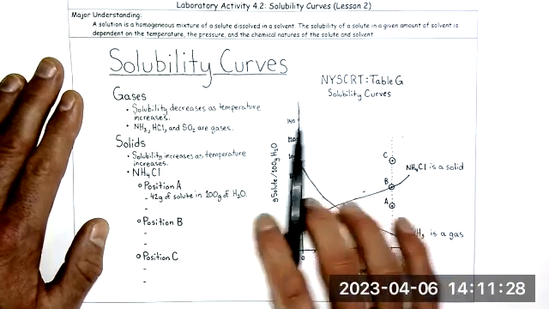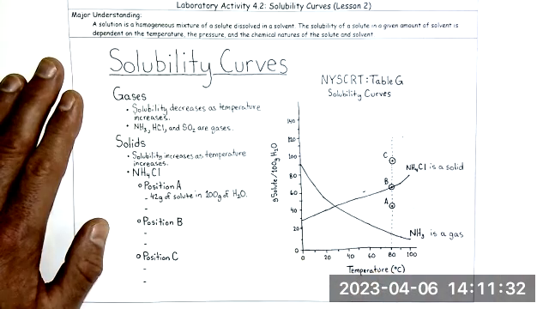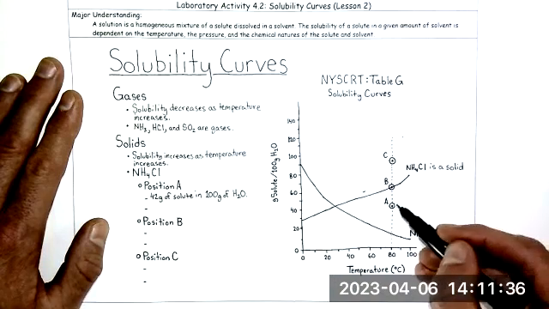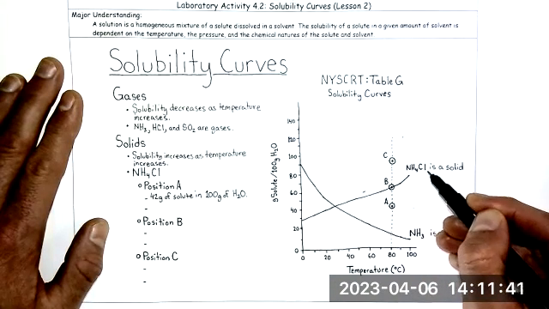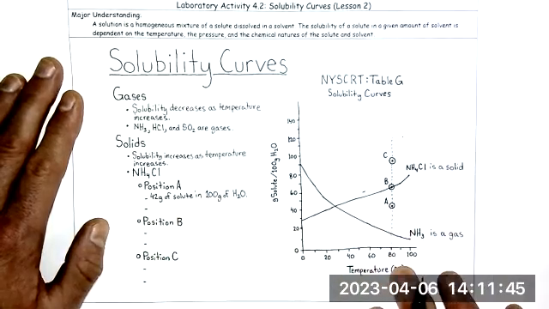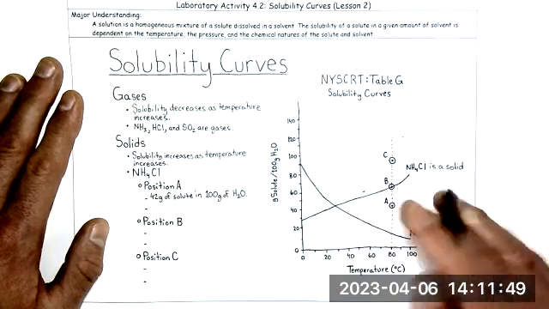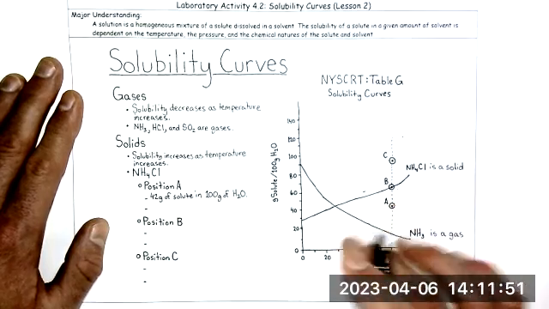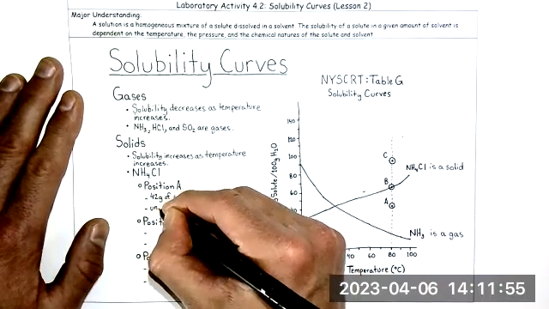So for this table, water is our solvent, and we're dealing with the same mass of water each time. Okay, so now if we were to consider this point on table G in relationship to the curve of ammonium chloride, so if we had 42 grams of ammonium chloride at 80 degrees Celsius, well, now this point is below the curve. Okay, so because this point is below the curve, we would say that this solution would be unsaturated.